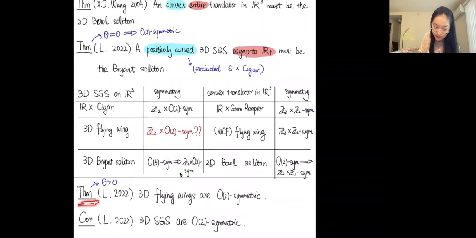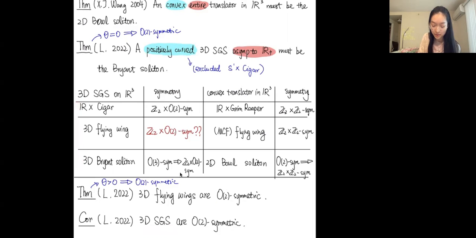And the second theorem tells us that when theta is greater than 0, which is the flying wing, it is also O2 symmetric. So theta equals 0 and greater than 0 are the only possibilities for the values of theta. So it covers all the theta values, and that means these static gradient solitons are O2 symmetric, because the 3D static gradient solitons can only be these three types.